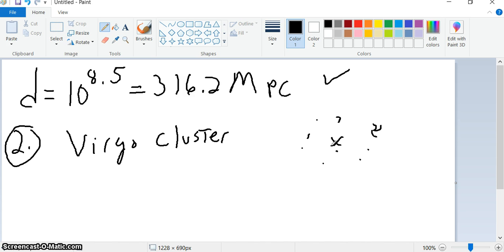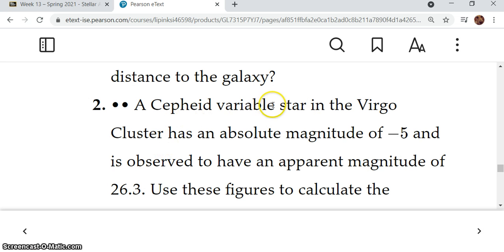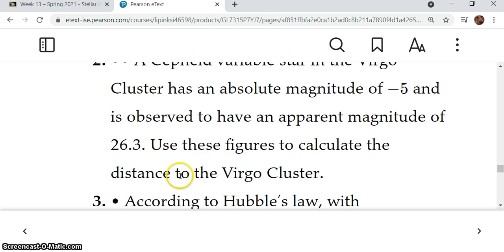All right, so they use a Cepheid variable, and they tell us the absolute magnitude of it. I didn't read it to you. Hold on. So the Cepheid variable in the Virgo cluster, there's the absolute magnitude, there's the apparent magnitude, and then you just figure out the distance. It's pretty straightforward.